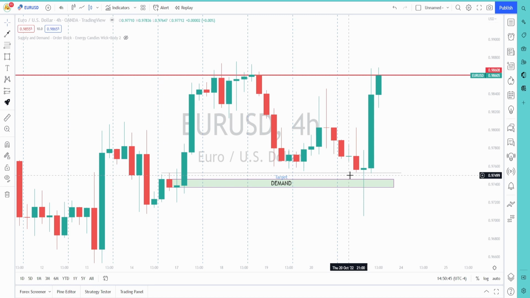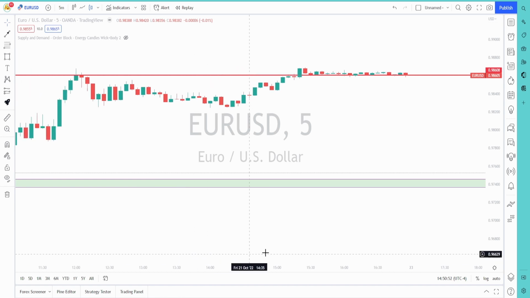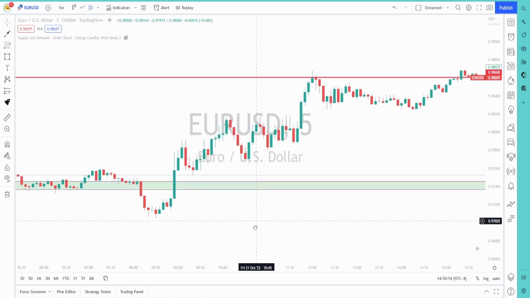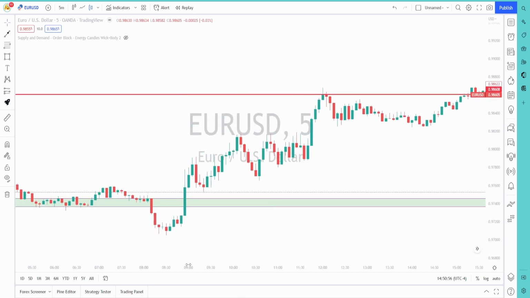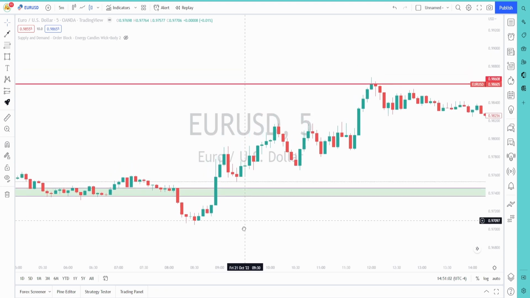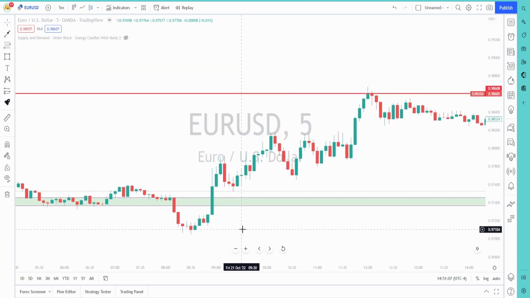But now what we do is we go down to the 5-minute chart and take a look to see if there were any opportunities. So when we go here, you can see there's 9 o'clock, and we're looking for trading opportunities afterwards. You could be looking for buys and sells, but you're not this time.